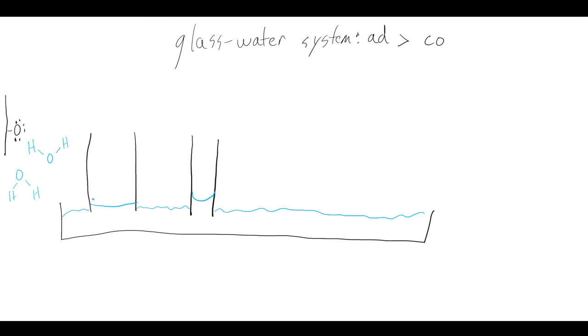Pressure is a force over area. Gravity is the same force, but it's a larger area over here. And so these water molecules at the edge represent a very small number of the total water molecules in this area.